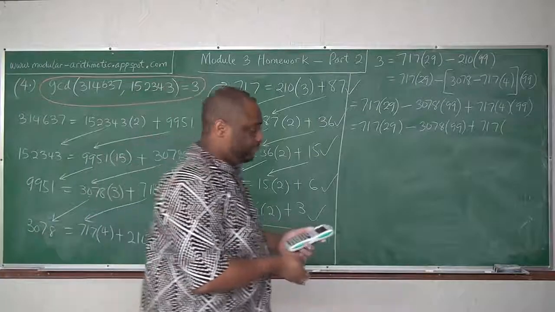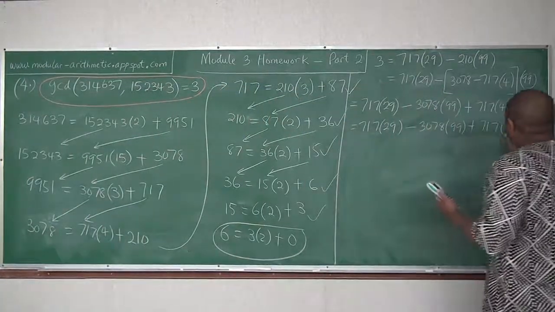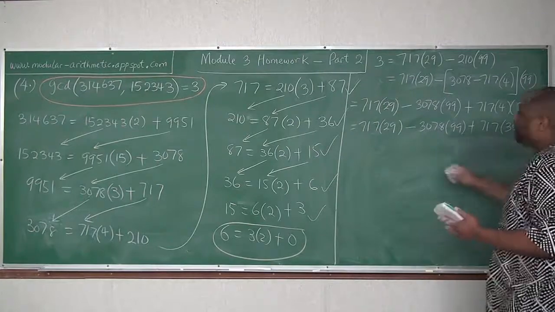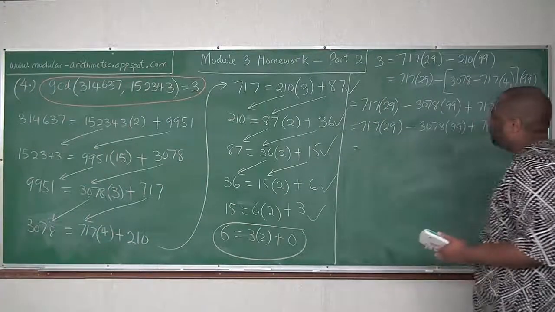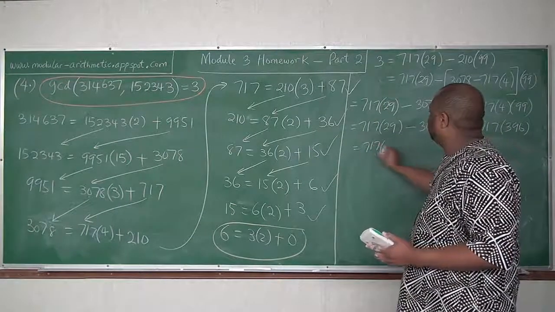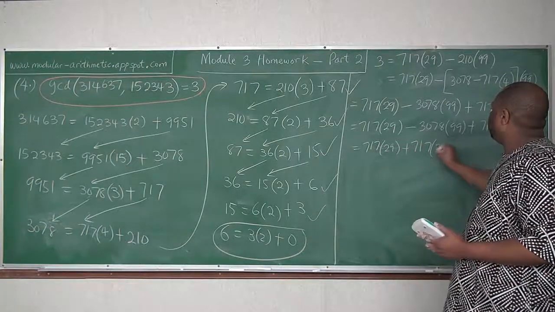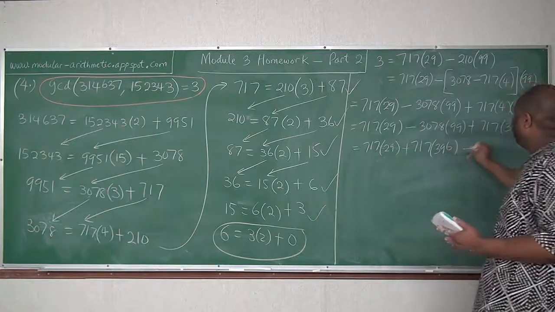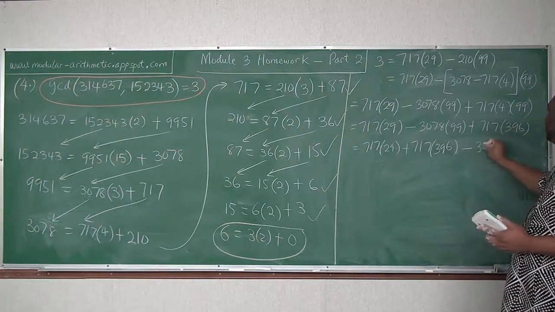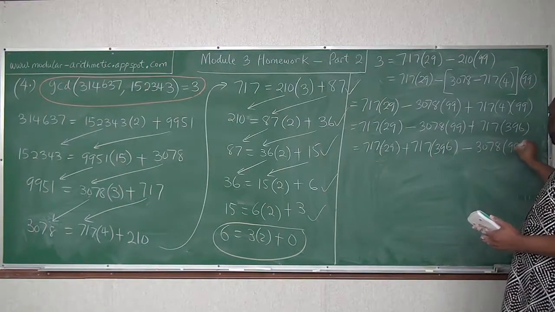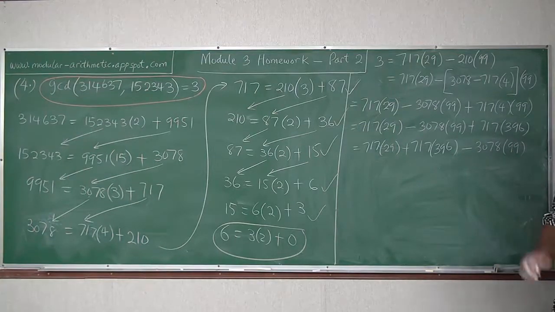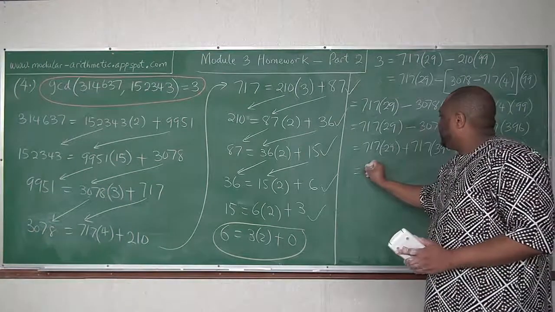Let's use the calculator to save time. So 396. Okay? Let me get my 717s together. So 717 times 29 plus 717 times 396 minus 3078 times 99. I factor by GCF.